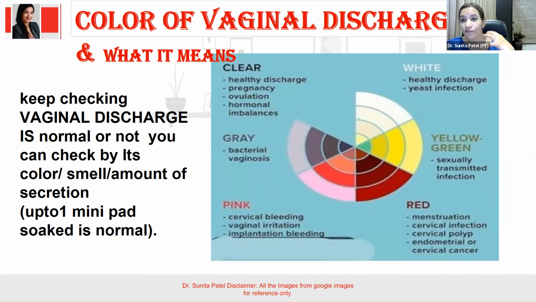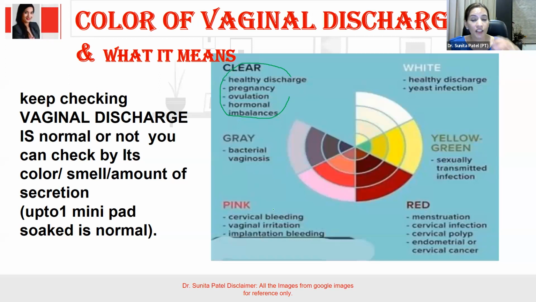But if it is yellowish, green, red, pink, gray, some other color and not clear, that is not healthy, and it means something is wrong inside. In this case, please visit your doctor and take the right advice. The color should always be a healthy, clear color.